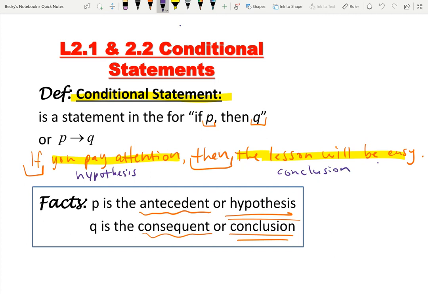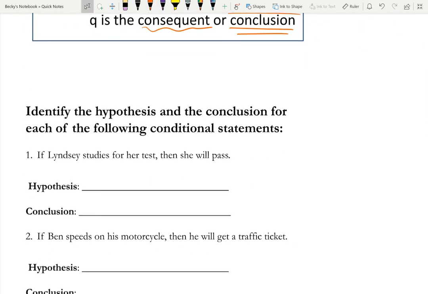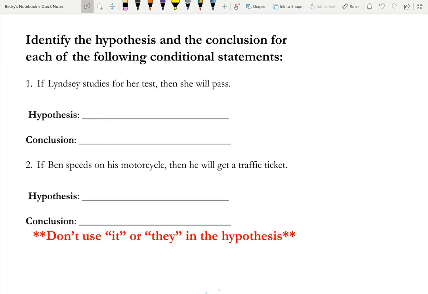Eventually we will go through whether they're true or false. A sentence like this, you can't really determine that. But if it's a mathematical sentence, we will be able to determine the truth value. Again, this is identification. We're going to just circle for now because I know you're going to type it out.